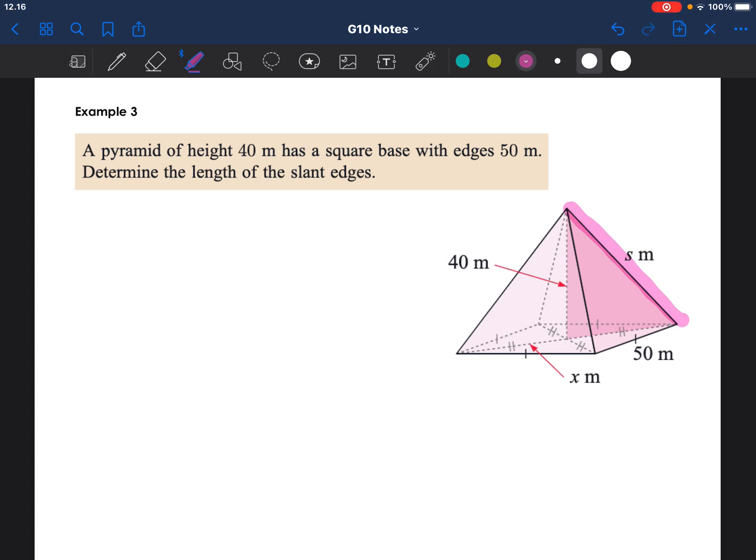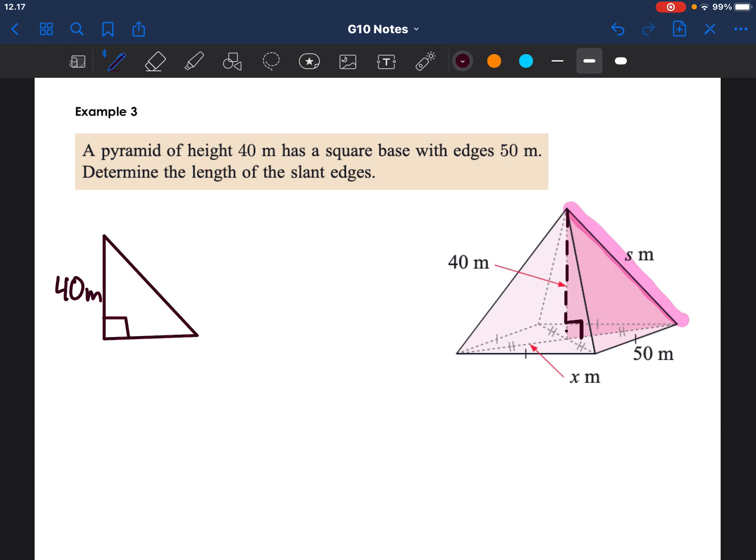Alright, so we know that the height bisects the base at a right angle. Okay, and so that means this is our right triangle. So the height is 40, and oops, the base is 50.